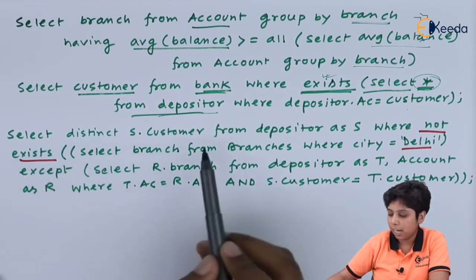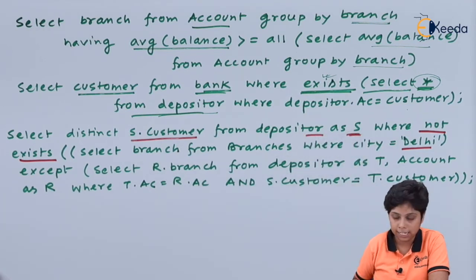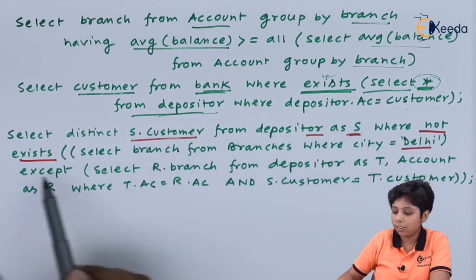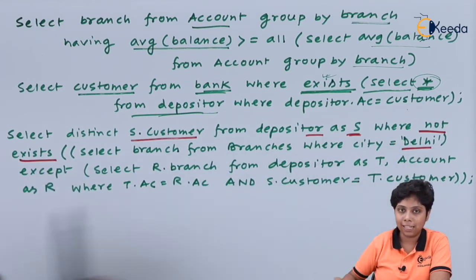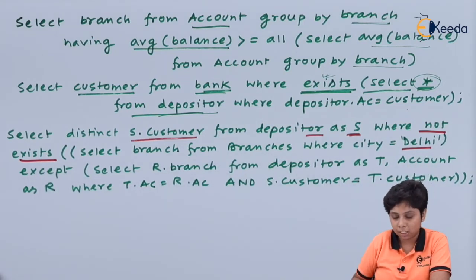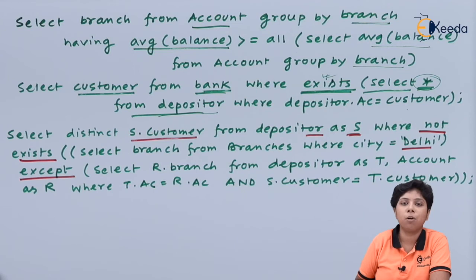We are selecting distinct customer from the depositor with the alias ACE where not exists. That means any branch or account in Delhi will not be considered, except those which have a loan account and a depositor account both in that bank.